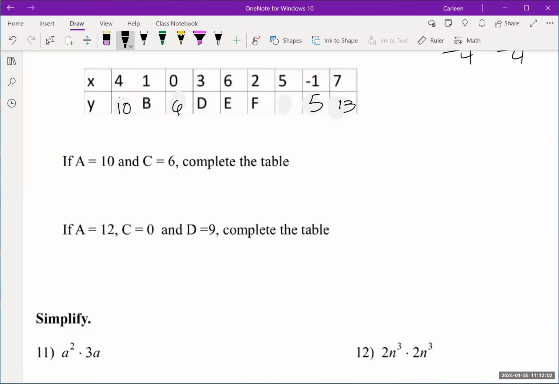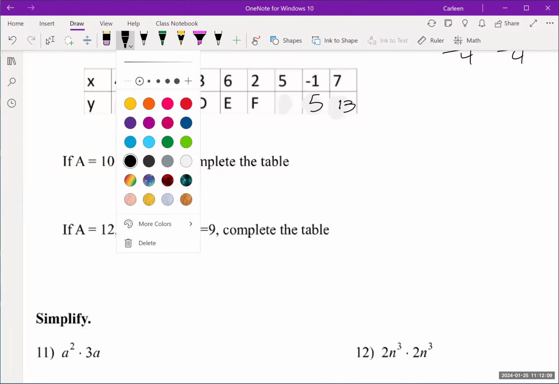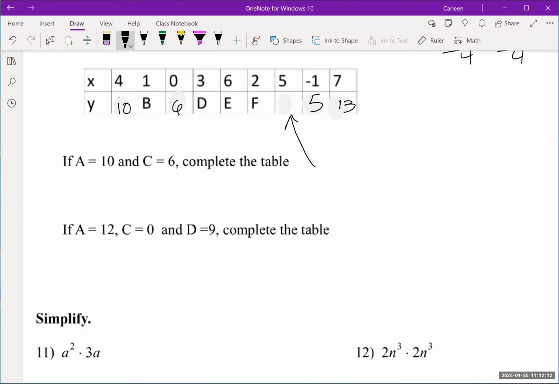Okay, Zoomers, do we see the pattern? How about everyone type in? Correct. So we're adding 6, right? So 5 plus 6 is 11. Okay, Zoomers, type in what's going to go right there for F. Correct.